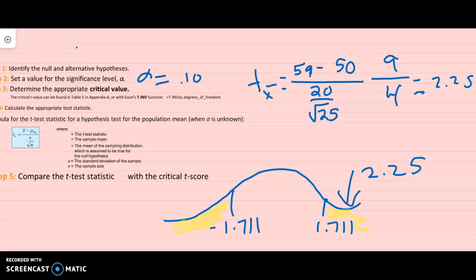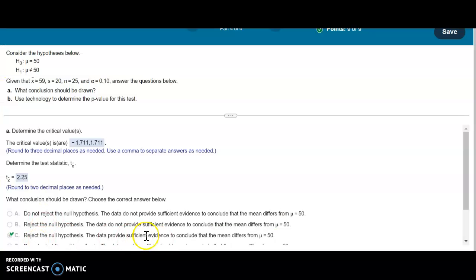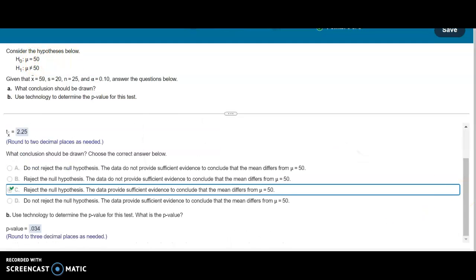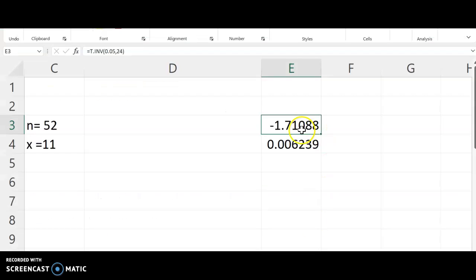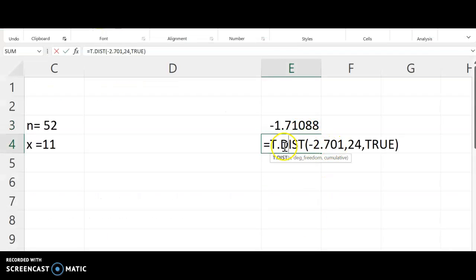So we are going to reject the null, because there's sufficient evidence to conclude that the mean is different from 50. All right, and then the p-value. To do the p-value here, we would do t.dist, and I believe you can do the two-tail.